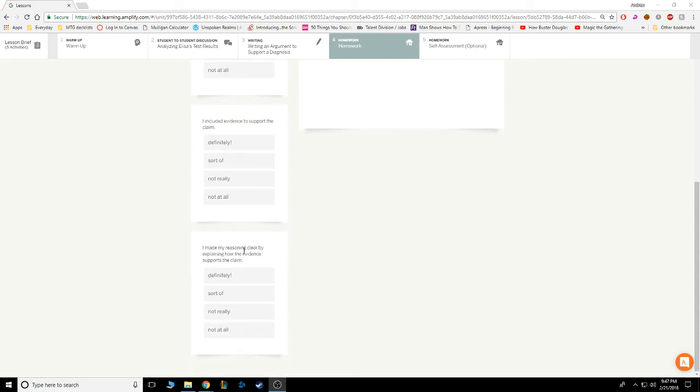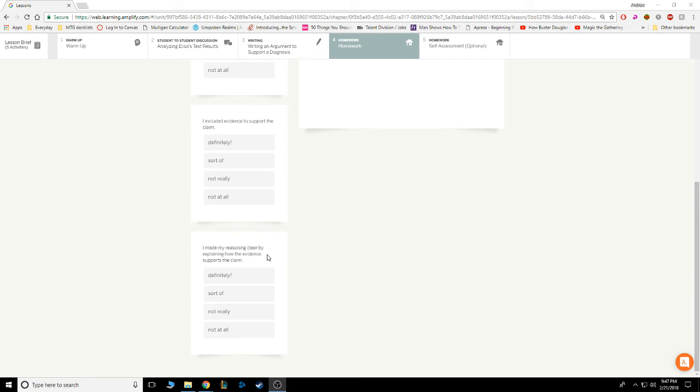For the last part, I made my reasoning clear by explaining how the evidence supports my claim. In the case of my evidence, I used the phrase, she definitely does not have asthma, because I could see from my evidence in the student-to-student discussion that she is getting 25 oxygen molecules per breath. That's my evidence, and my reasoning is the follow-up.